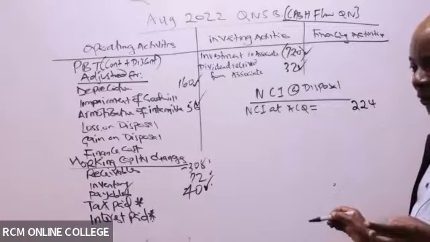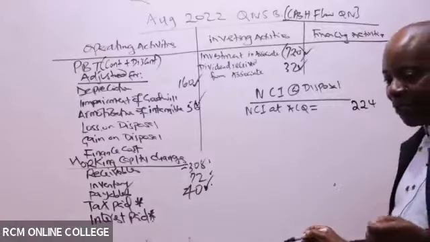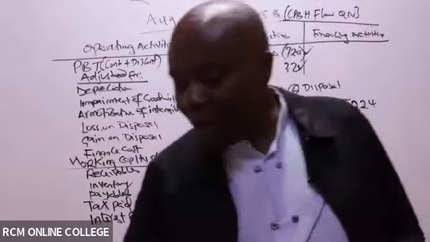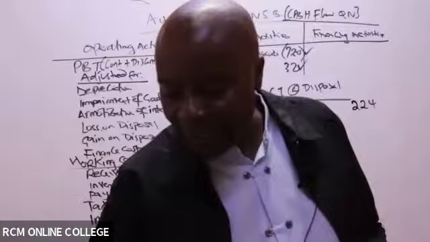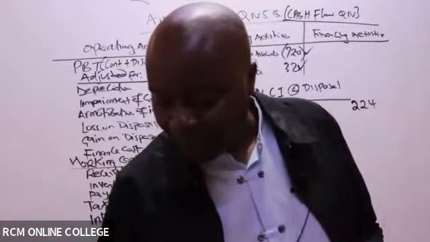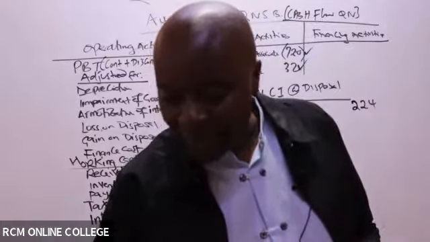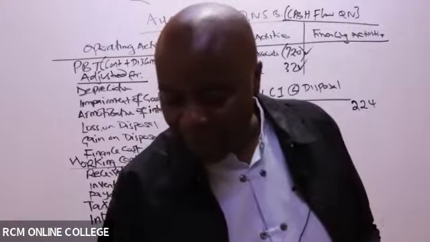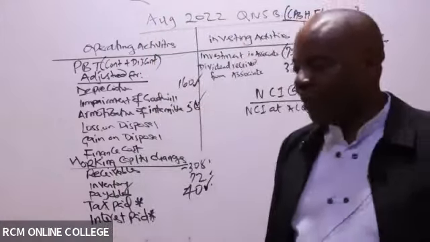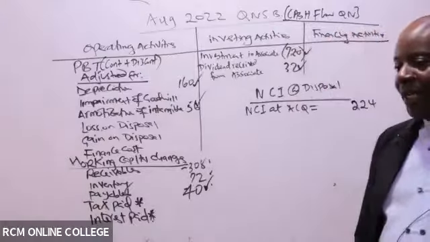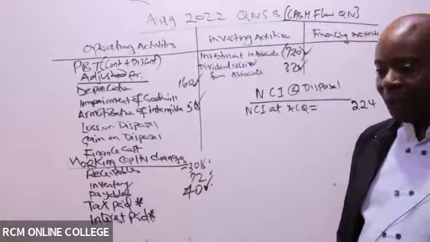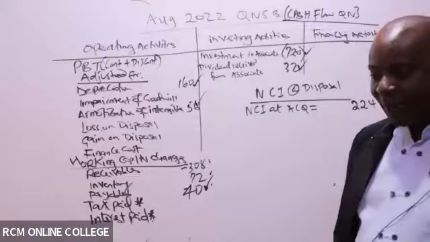I'm told it is 224. How does this NCI change? What makes this NCI keep on fluctuating? We expect it to increase because of what here? Post-acquisition profit, isn't it? Profit for the year.